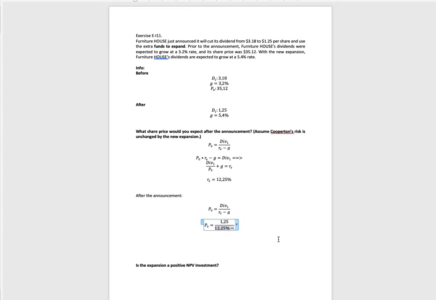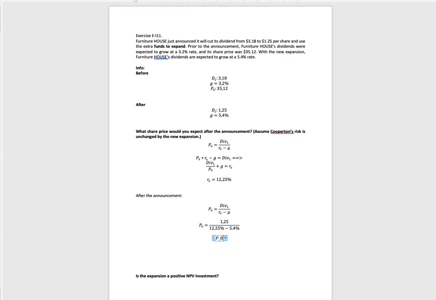But will it increase with this new way, where Furniture House is trying to make the shareholders more money by keeping some of the cash in house?